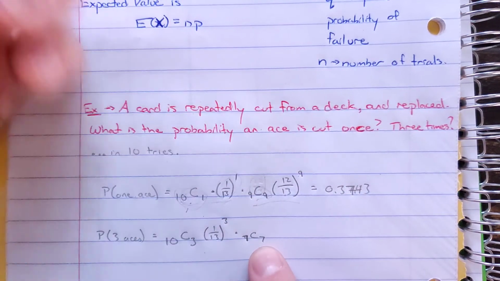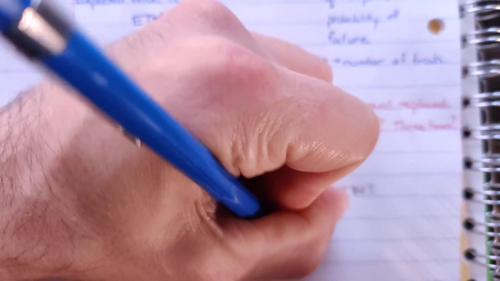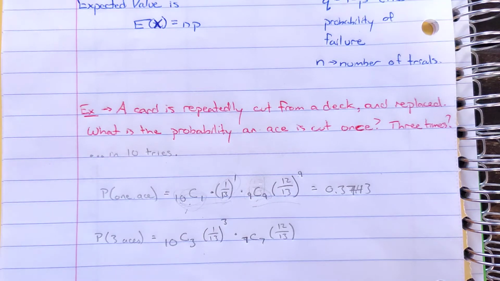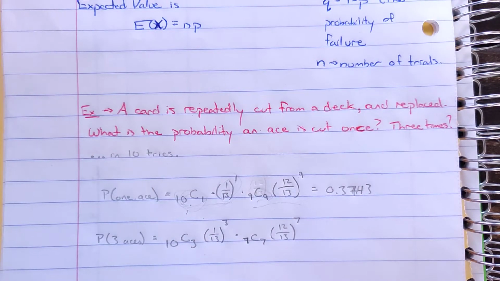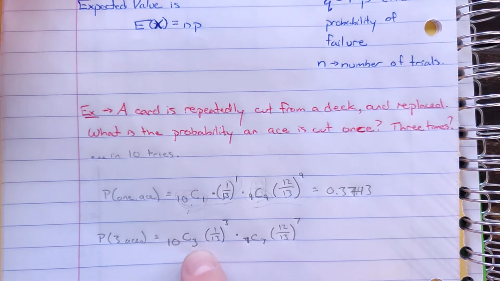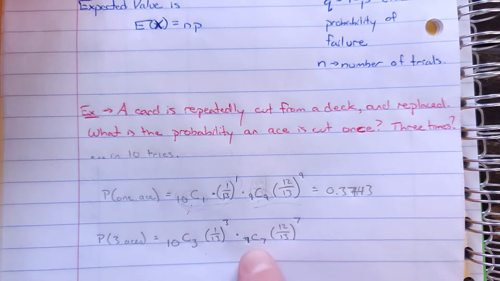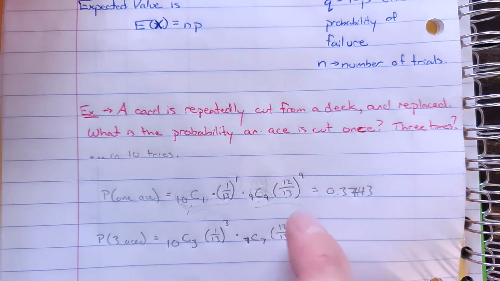Notice this is just going to be 1 times 12 over 13, which is the probability of our failure, and we want our failures to happen 7 times. So this is draw 3 aces. There's a 1 in 13 chance for each of those aces. Draw your 7 failures out of the remaining 7 spots.